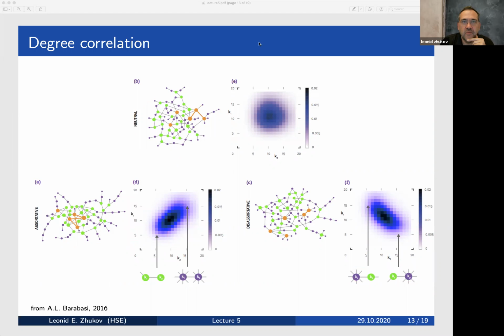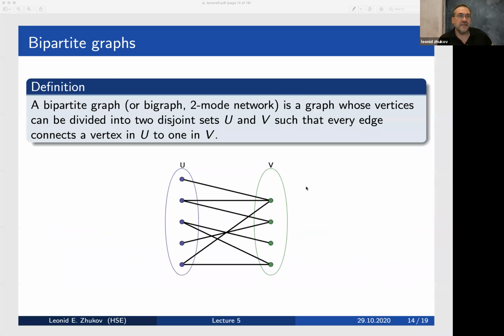Okay, moving along. The last topic for today, and we'll have quite a short lecture, is called bipartite graphs. So what does it mean?